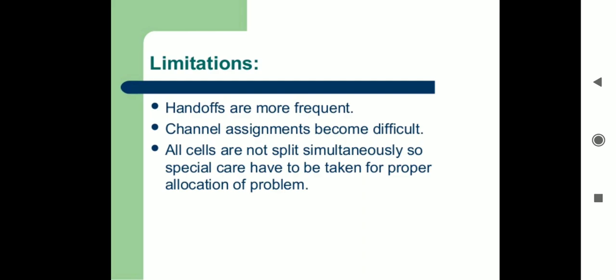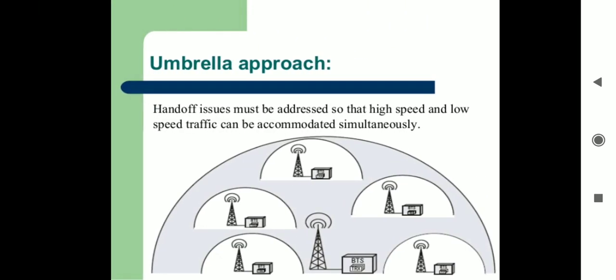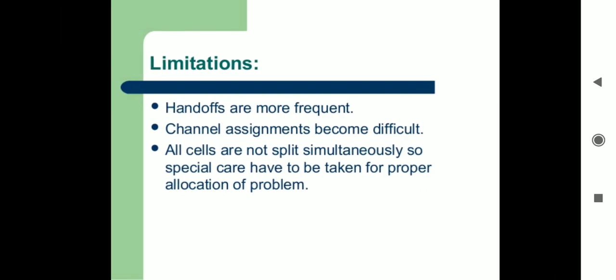Effect of cell splitting: when the cell splitting is done to maintain the frequency reuse distance ratio in a cellular system, there are two considerations. One is that cell splitting affects the neighboring cells.